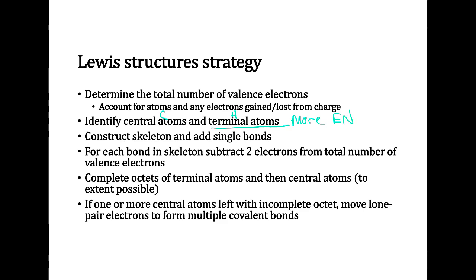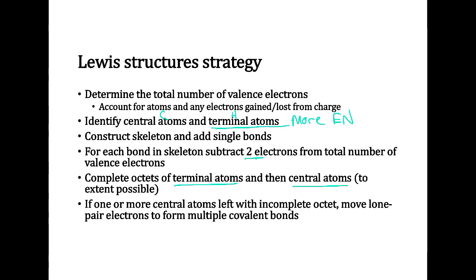After you draw your skeleton, the first thing you'll do is you'll go through and add single bonds. Remember that for each bond, there are 2 electrons there, so you'll subtract those 2 electrons from the total number of valence electrons. After you've done that, you will complete the octets of the terminal atoms first, and then you will go to the central atoms if you can.